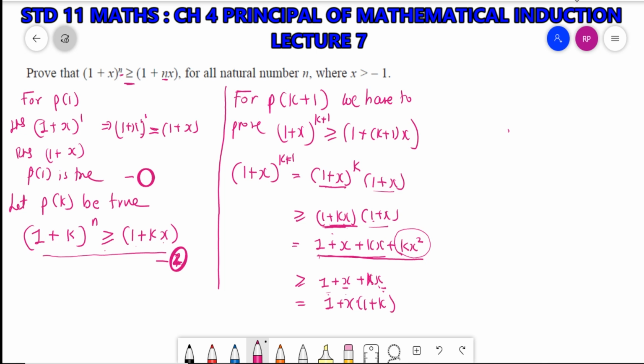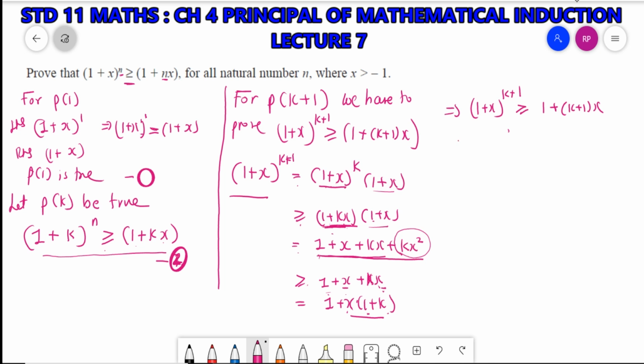So now I can write it down (1 plus x) whole raised to k plus 1 is, by inequality, greater than or equal to. So finally it will be greater than or equal to 1 plus (k plus 1) into x. I just rearranged this, k plus 1 and x later on. Clear? And that's what we have to prove.